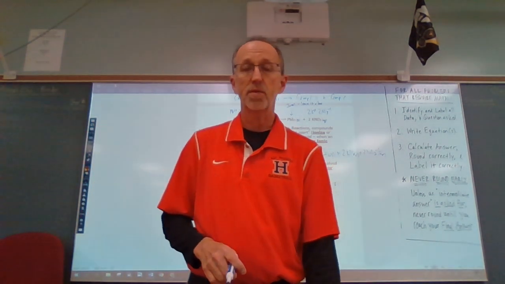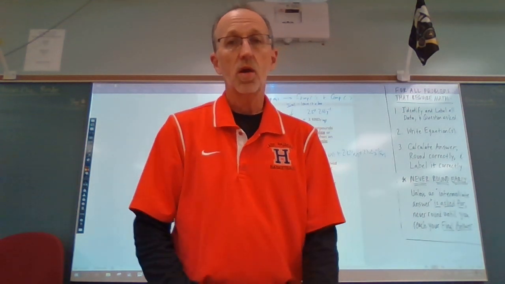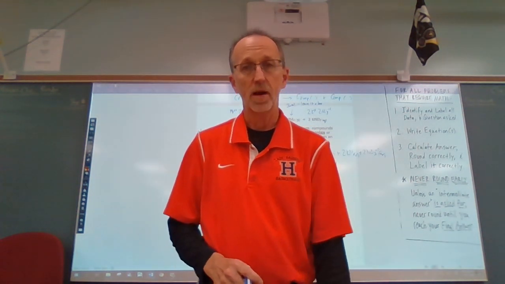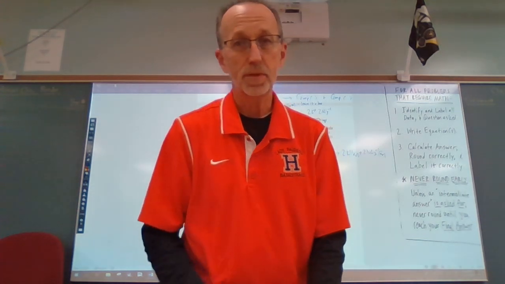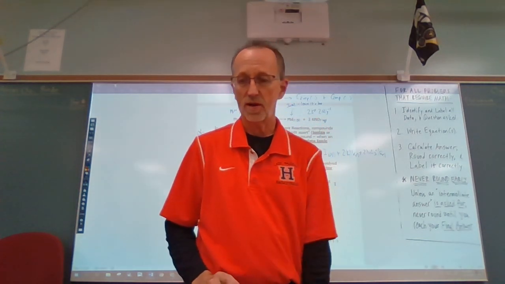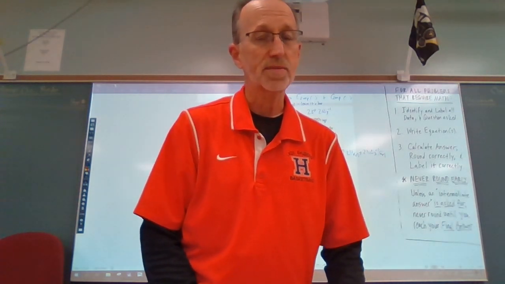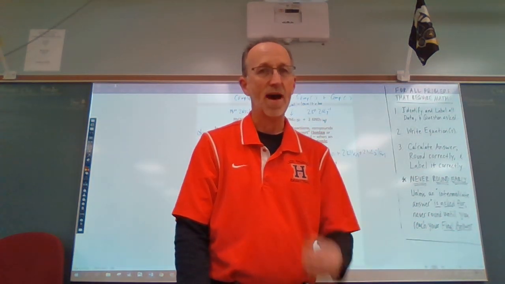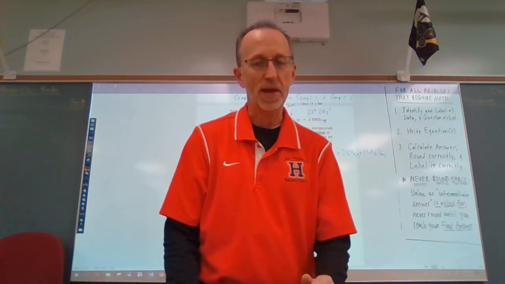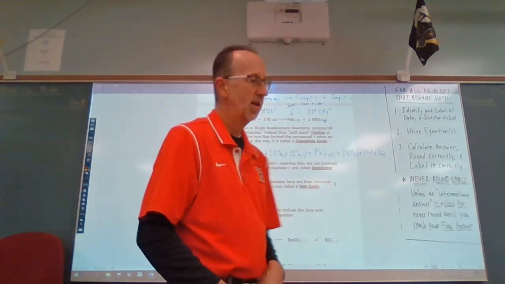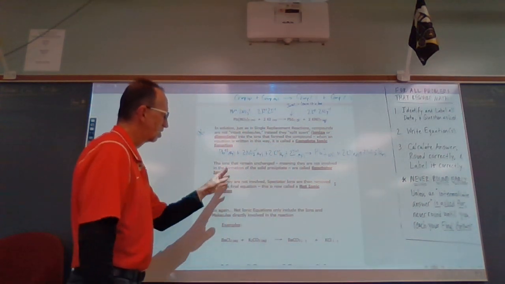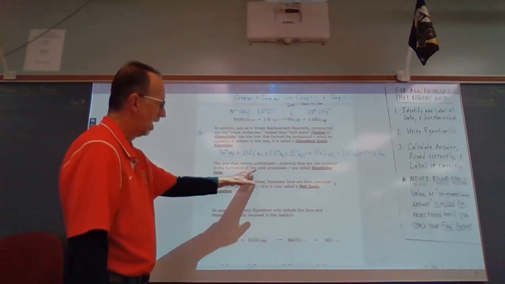Remember, in a single replacement reaction that occurred, we had a spectator ion, all right? In a double replacement reaction, we have 2 spectator ions, all right? Let's find them, all right? So again, spectator ions are ones that remain unchanged.